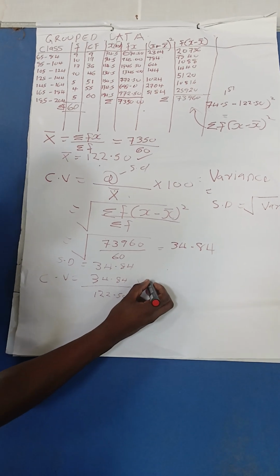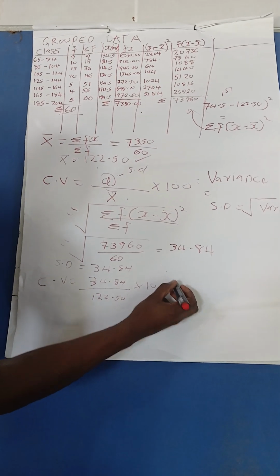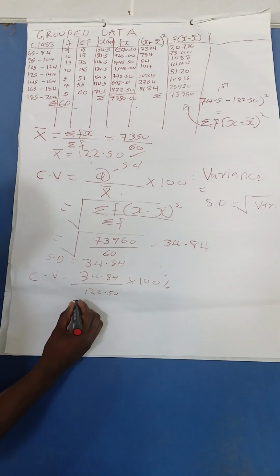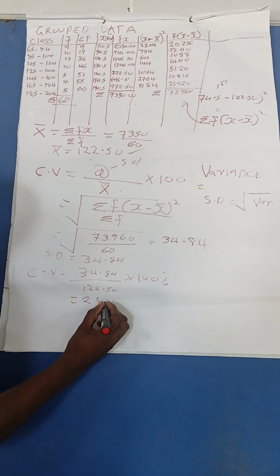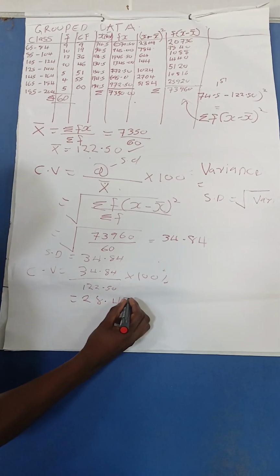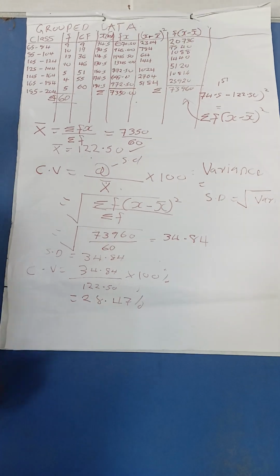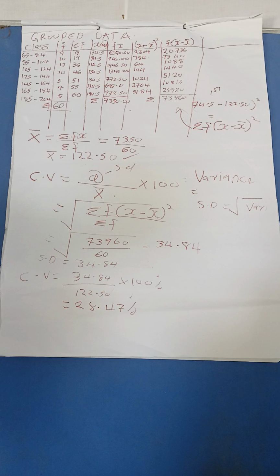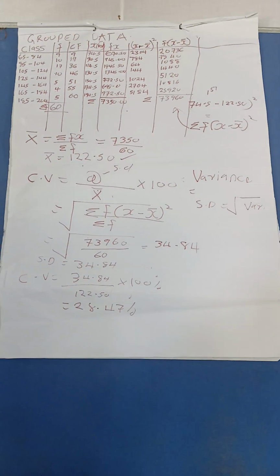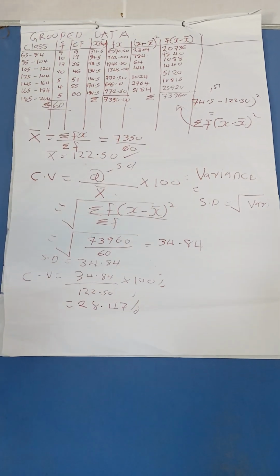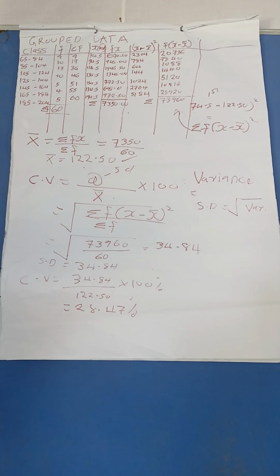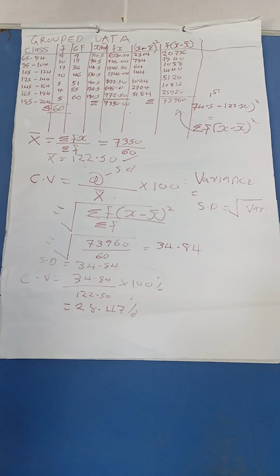You multiply by 100%. So what do you have? You will land at your answer as 28.47%. Good. Now, that is the coefficient of variation, very easy, and that is how we do that, and you are done.